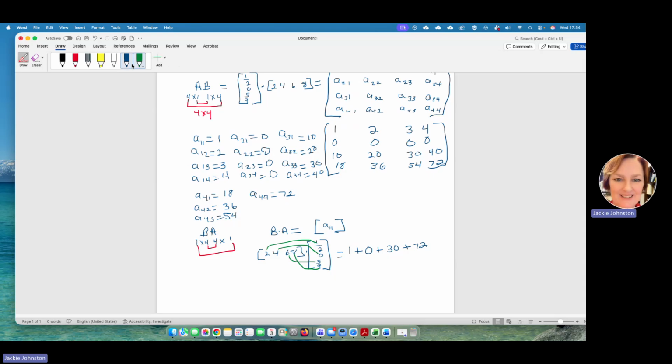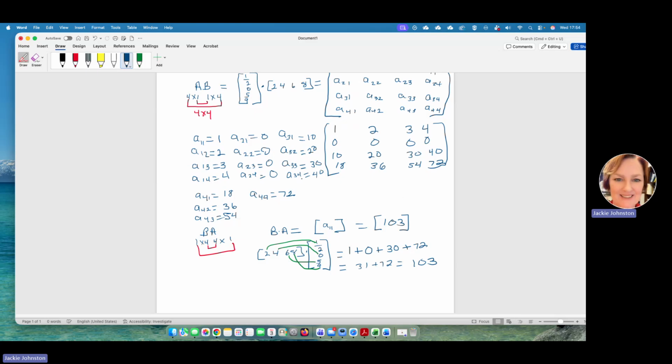And then we're going to add these together, which is 1 plus 30, which is 31. 31 plus 72. And then what is 31 plus 72? It's 103. And that is going to be my 1 by 1 matrix for B times A.